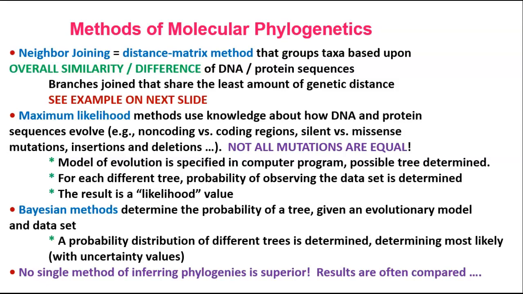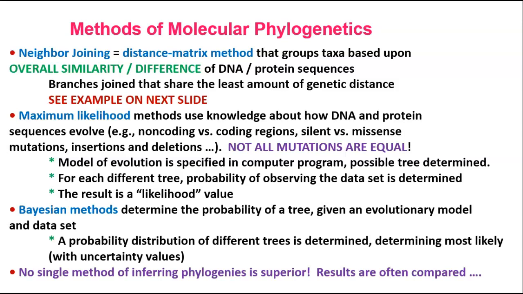So neighbor joining. Neighbor joining is what's referred to as a distance matrix method. And fundamentally, it groups taxa, species, whatever you're analyzing, to see who's related to who, based on their overall similarity or differences. So if 2 species are found to share the greatest overall amount of genetic similarity compared to what they share with other species, they would be grouped together as more closely related.